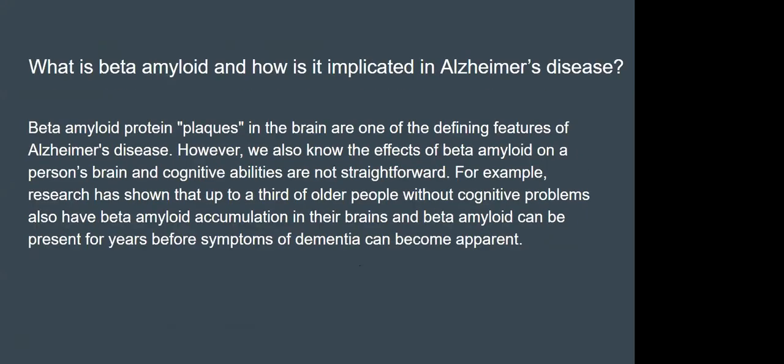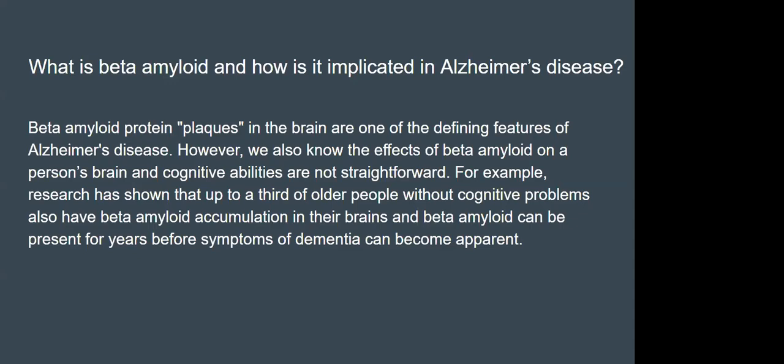So what is beta amyloid and how is it implicated in Alzheimer's disease? Beta amyloid protein plaques in the brain are one of the defining features of Alzheimer's disease. However, we also know the effects of beta amyloid on a person's brain and cognitive abilities are not straightforward.